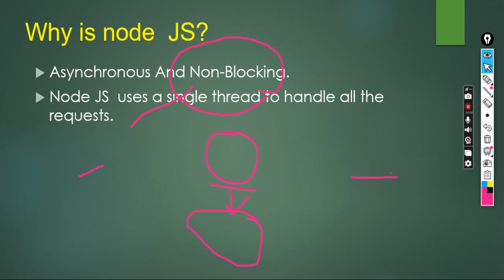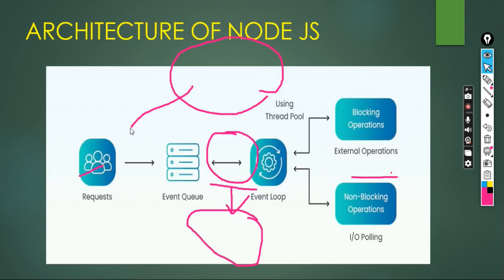Why is Node.js used? It is asynchronous and non-blocking, and Node.js uses a single thread to handle all the requests. I'll explain it by the architecture. We say Node.js is asynchronous. First of all, what do you mean by synchronous?